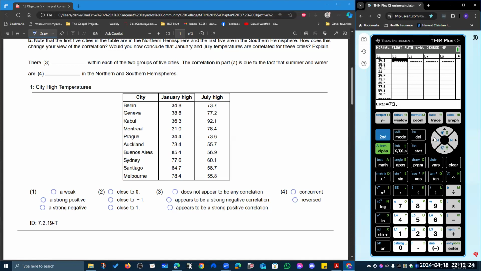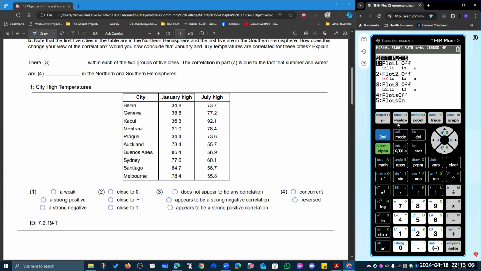And then they're going to switch position, where things in the northern hemisphere are going to be warmer in July, and temperatures in the southern hemisphere are going to be colder in July. All right, so all that makes sense to me so far with what we're seeing with the data.